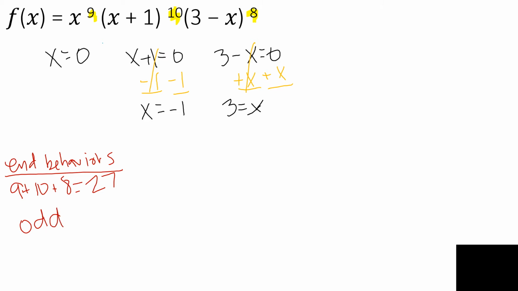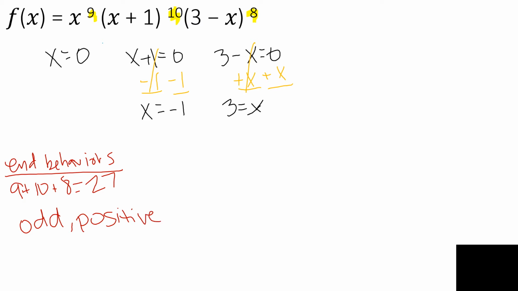And when we look, we've got a negative x to the 8th, so that'll become a positive x because it's raised to an even power. So our first term will be a positive number. So it's odd and positive.